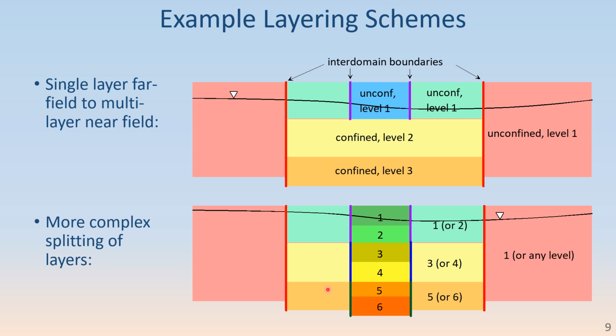So this bottom layer becomes levels 5 and 6 in the innermost zone, and so on up the line. These are different inner domain boundaries with different colors that make those transitions. This could be handy, for example, if you had a partially penetrating well that was screened where levels 4 and 5 are, and you wanted a lot of detail right around that partially penetrating well.